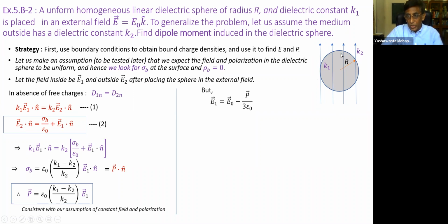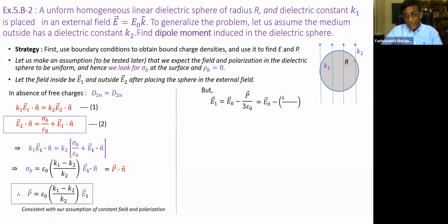It is due to E naught and this field of polarization; since I know P, I can find the field inside because of the polarized sphere, and that is E naught minus P by 3 epsilon naught. We have done that enough number of times.